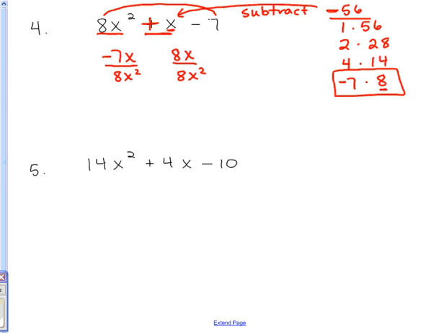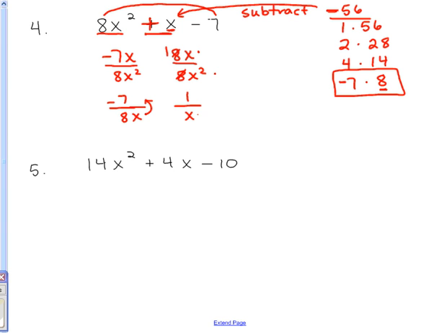and then reduce. Okay, if I reduce, negative 7 over 8 will not reduce, but x over x squared leaves me x in the denominator. 8x over 8x squared, we would say 8 will go into 8 one time, so I have a 1 in the numerator. X over x squared is x.